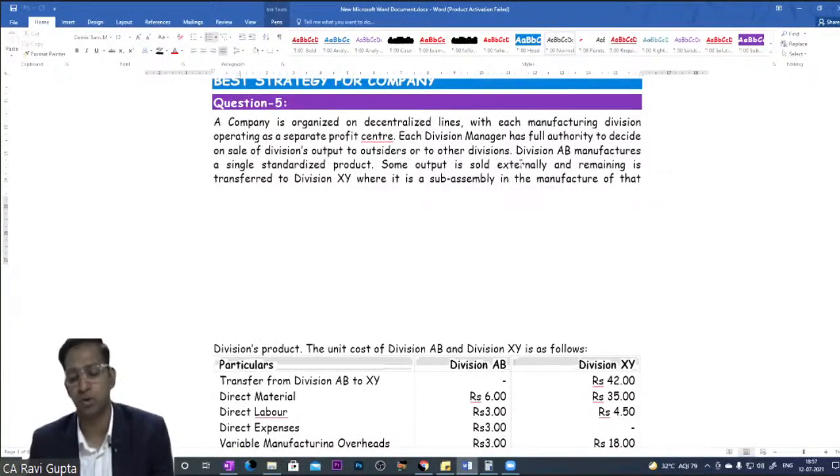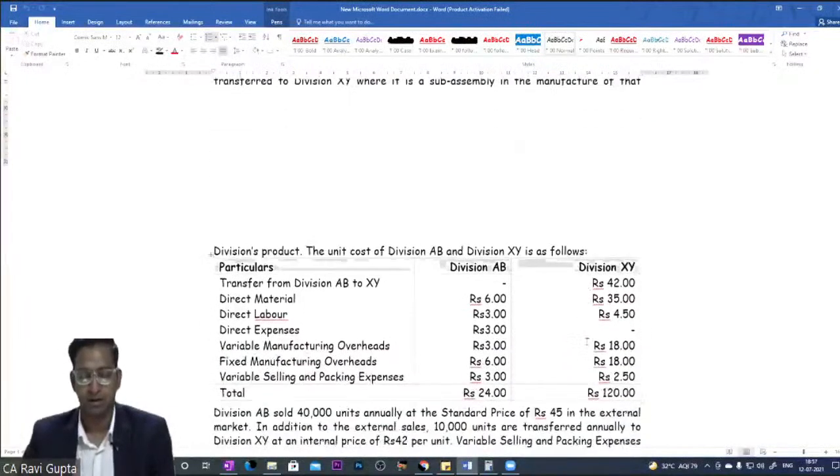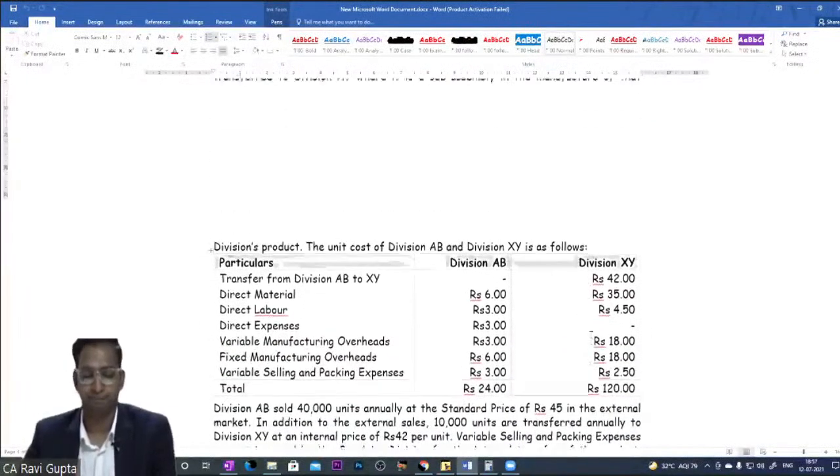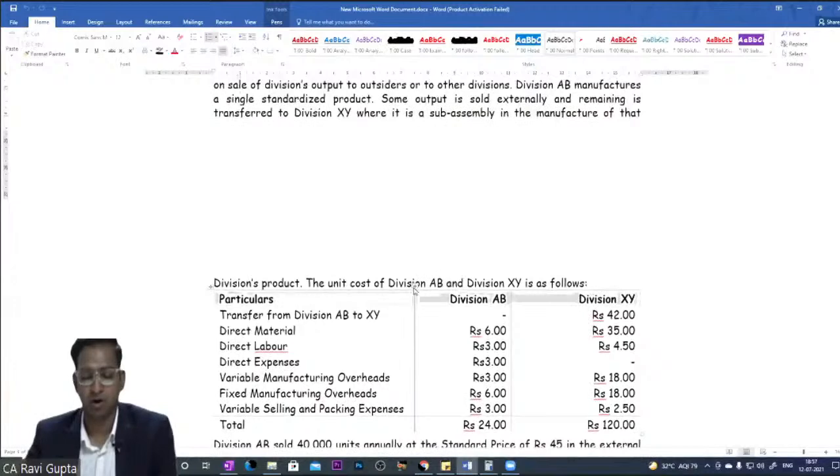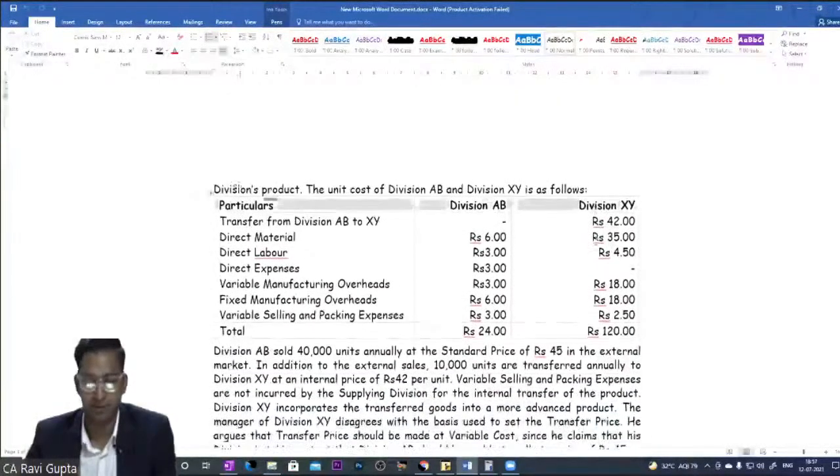Some output is sold externally and the remaining is transferred to division XY, where it is a sub-assembly in the manufacture of that division's product. The unit cost of division AB and division XY is as follows.